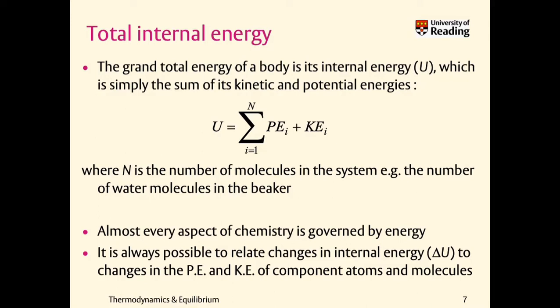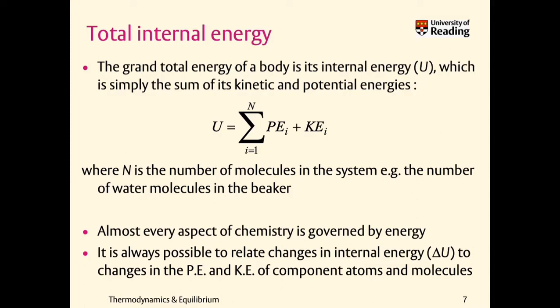But what this equation really is telling you is that the total internal energy, so U, is equal to all of the potential energies in the system going from molecule number 1 all the way up to molecule number n, and n is the number of molecules in the system, and all the kinetic energies of all of those molecules. So the sum of all the kinetic and potential energies in the system added together will give you the total internal energy.